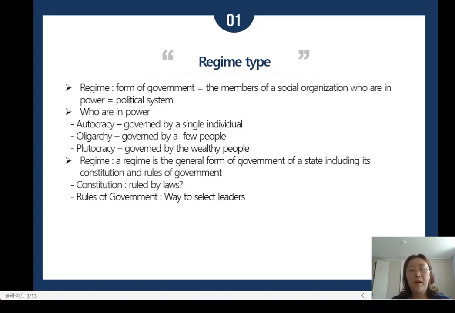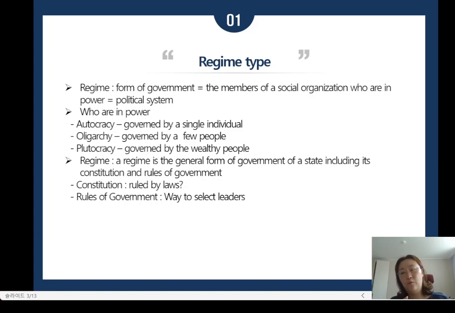So it matters how these people came to power. Who is in power? Autocracy is governed by a single individual. Oligarchy is governed by a few people. Plutocracy is governed by the wealthy people. So there are so many types of government, forms of government, depending on how we look at it.